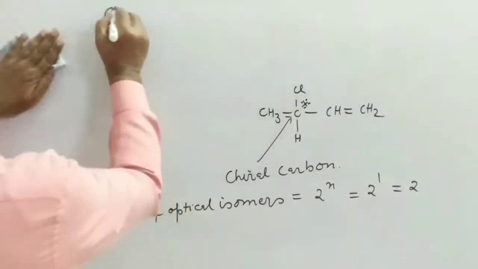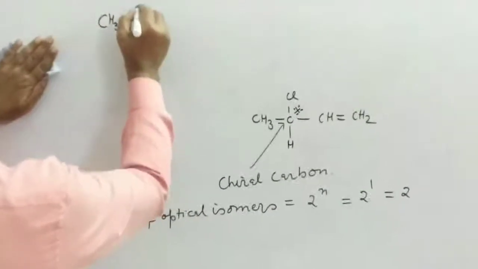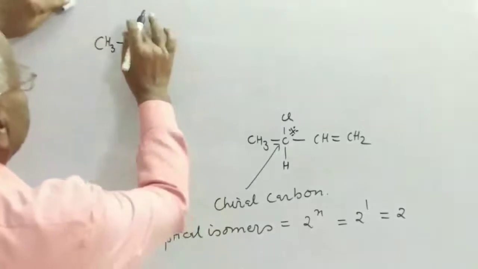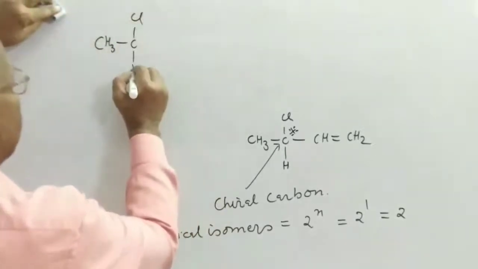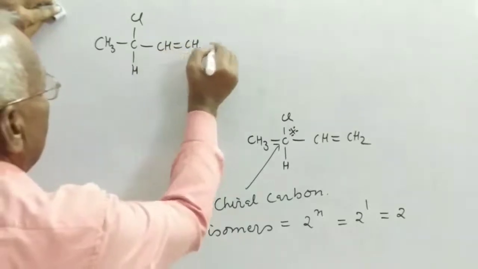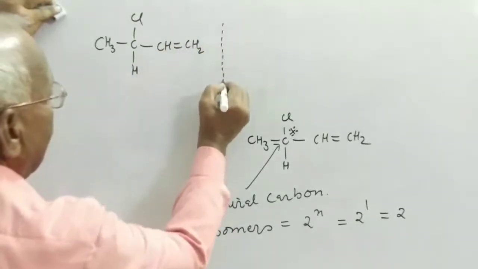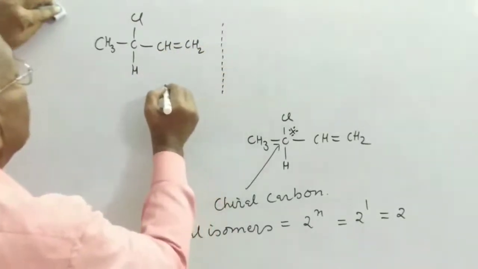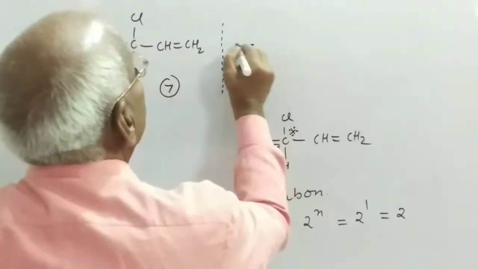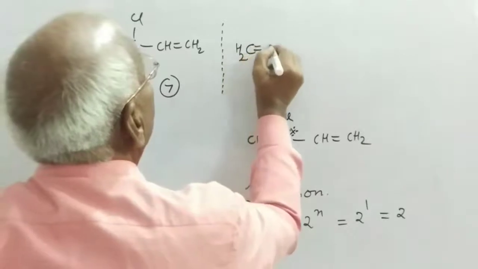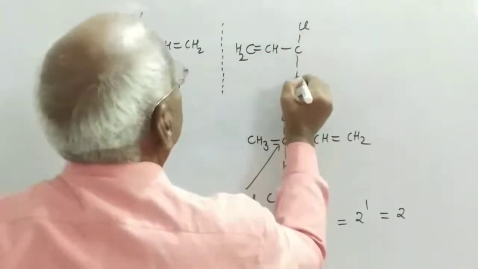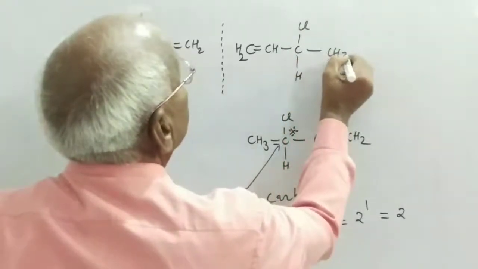So, CH3, Cl, H, CH double bond CH2. Put a mirror here. This is 7 and its mirror image will come like this: C, Cl, H and CH3.